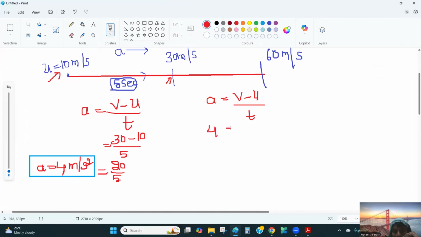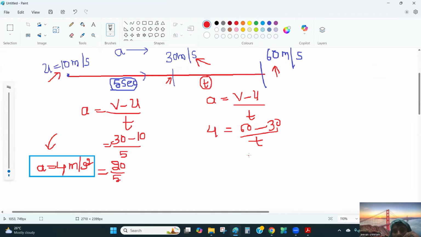Acceleration is constant, so you have to take 4 again, what we have actually found. The final velocity we require here is this one. Initially it is 30, because we want to know the time taken to increase its speed from 30 to 60 meter per second. So we have to take 60 meter per second final velocity, 30 meter per second initial velocity, the change asked.